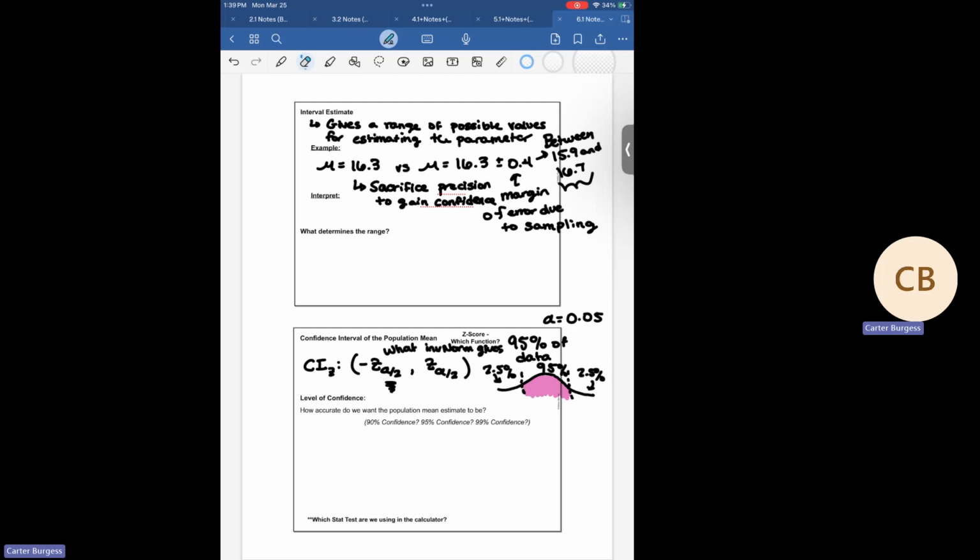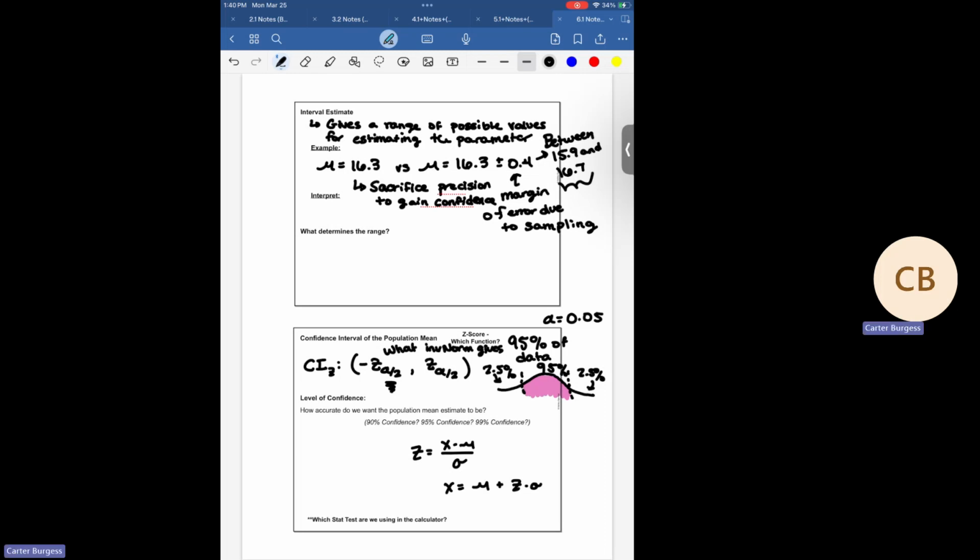Not too crazy. Again, we did that for bell work. So before we said that the z-score was x minus mu over sigma. And so that x was equal to mu plus z times sigma. And that's certainly true.